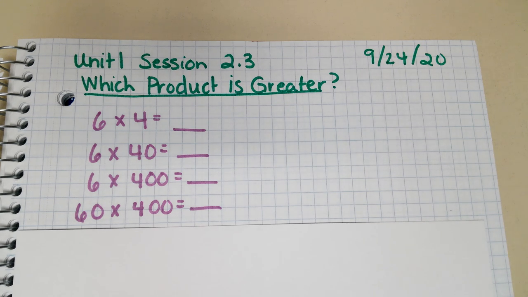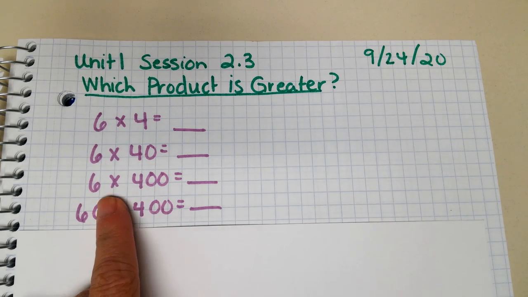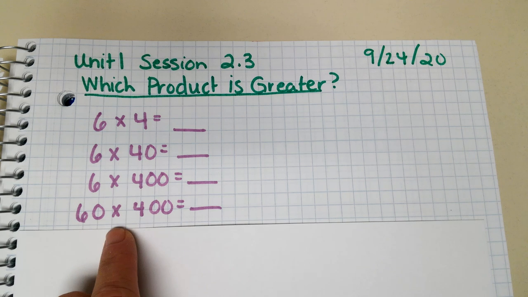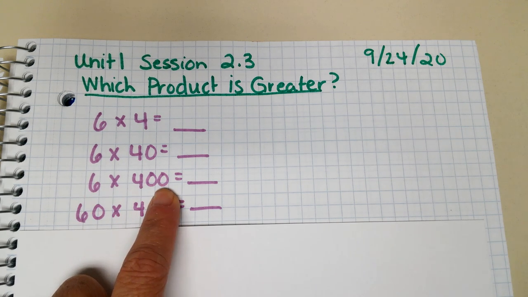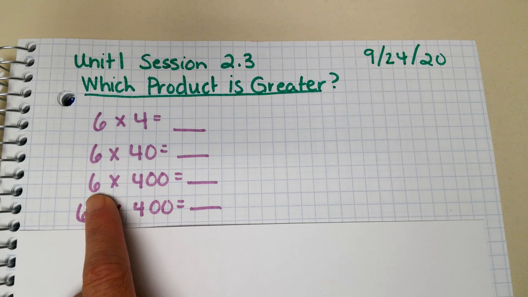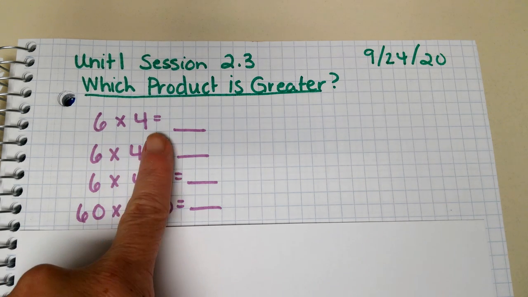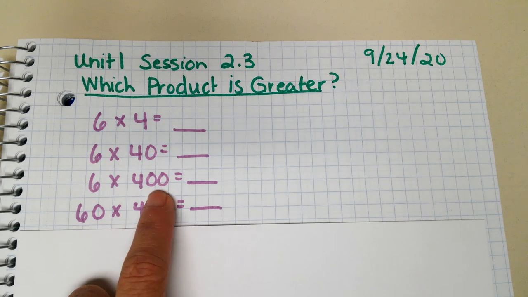All right. So now we're looking at this one right here, right? 6 times 400. And if we have a starter problem, 6 times 4, how do we get to that 6 times 400? So we know that when a factor is the multiple of 100, such as 6 times 400, will it always work to think of the solution from 6 times 4 and then put 2 zeros at the end?